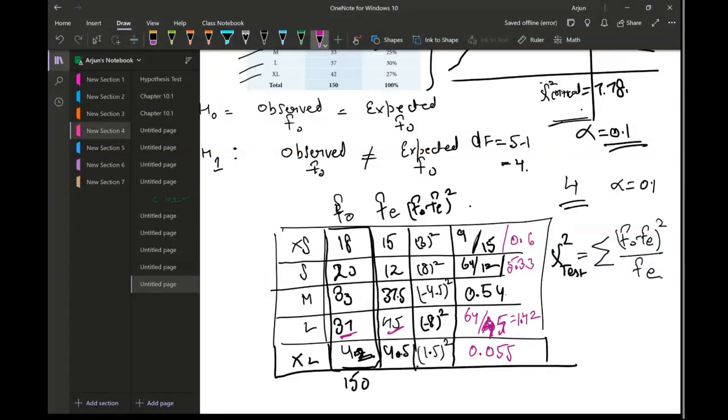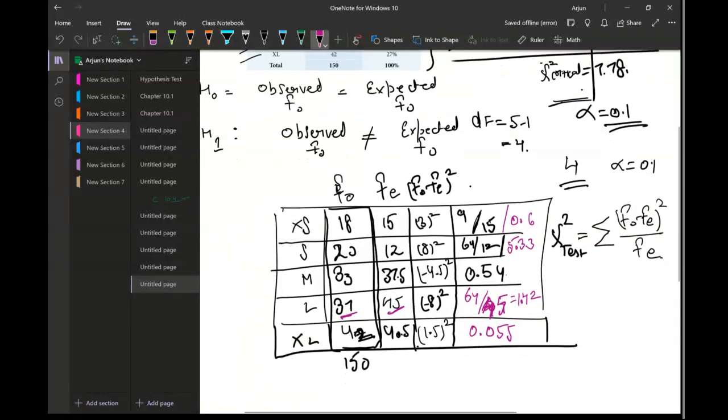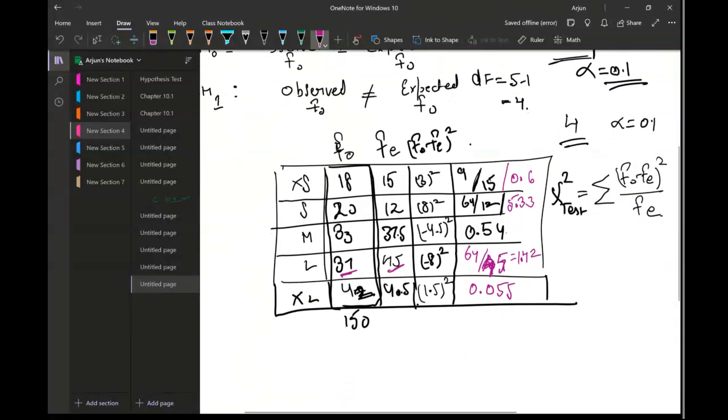Okay, so this number plus 1.42 plus 0.54 plus 5.33 plus 0.6 comes out to be approximately 7.95.